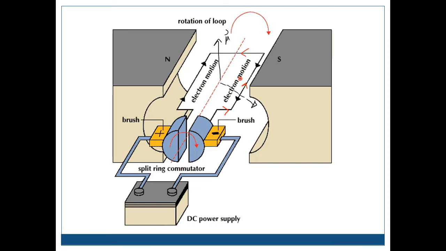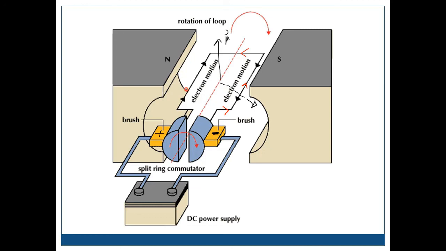So every semicircle, the electrodes will switch from plus to minus, from minus to plus, switching my current direction every half cycle, and then every half cycle, instead of my loop coming back to the same position, it will just keep rotating in this clockwise direction for this particular example.